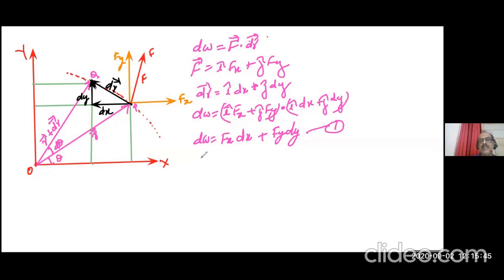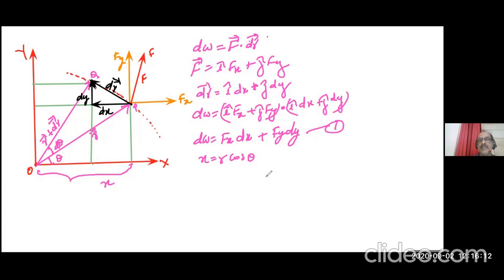Then from the figure, x is equal to r cos theta. This is x. Any doubt? Sir, I have a doubt, sir.